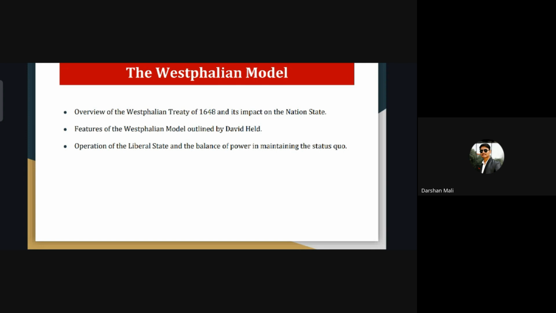It's not that the government can just target a particular judge and suspend them. No, that is not possible, because you have to prove whether that judge is really corrupt or not. If he or she is proven corrupt, only then can you suspend that judge. And this procedure is called the impeachment procedure.